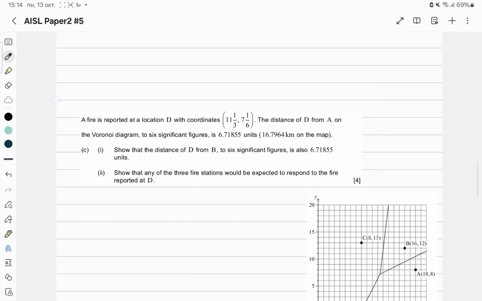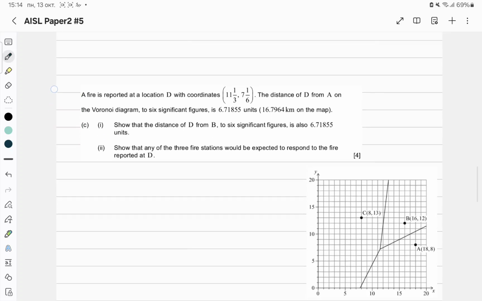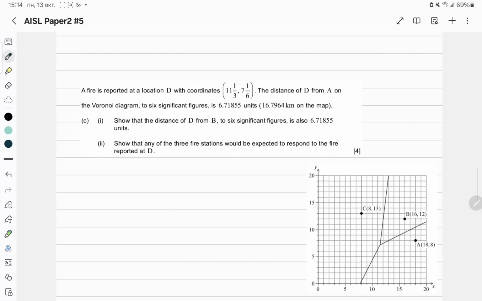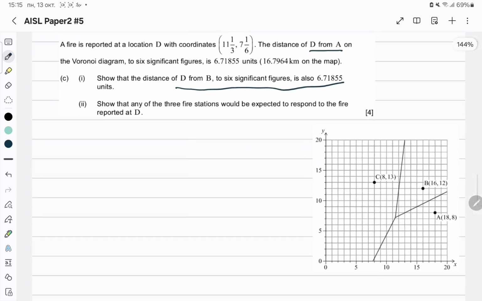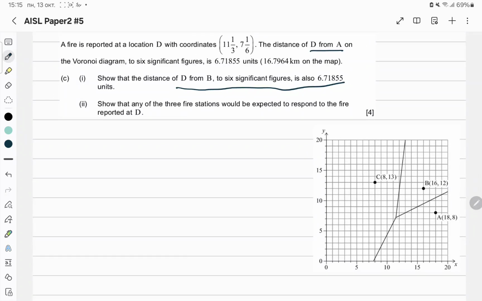It was part B. Now let's turn to part C. So this is some additional information. A fire is reported at location D with the given coordinates, and it says to find the distance between D and A. We have to show that the distance is equal to this value. So we should find the distance between D and A. We have the coordinates of point A, let me write it here, and point D with the coordinates (11 1/3, 7 1/6). We should find the distance AD.